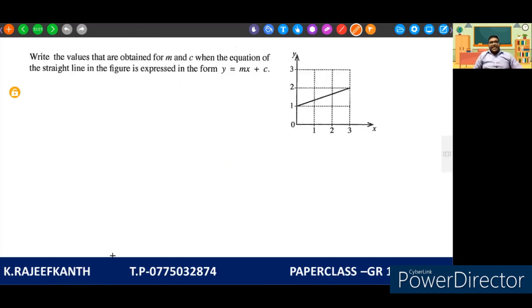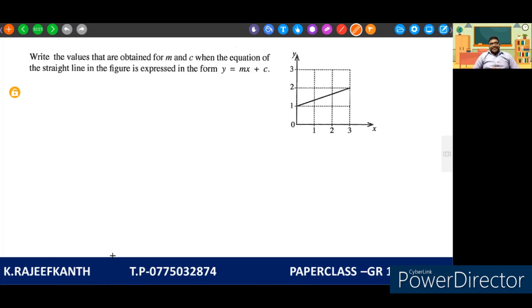Write the values that are obtained for m and c. You know that m is equal to gradient, c means intercept, right? When the equation of the straight line in the figure is expressed in the form y equals mx plus c.